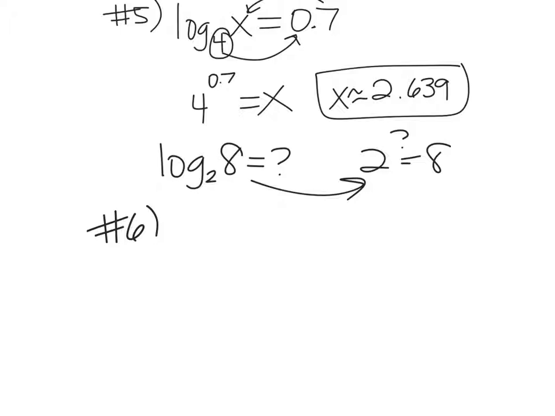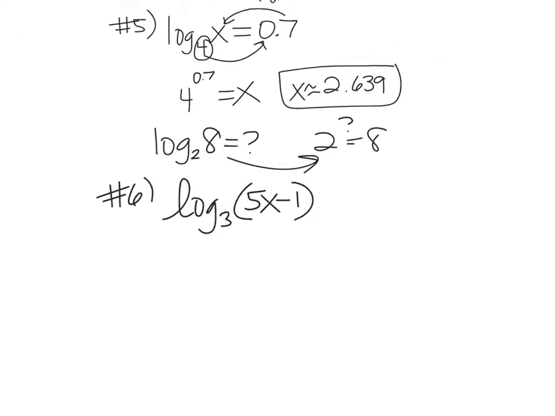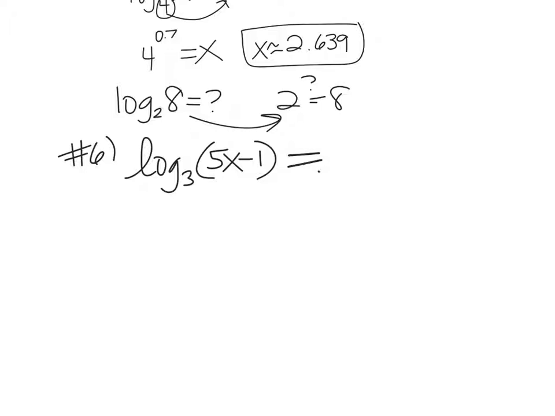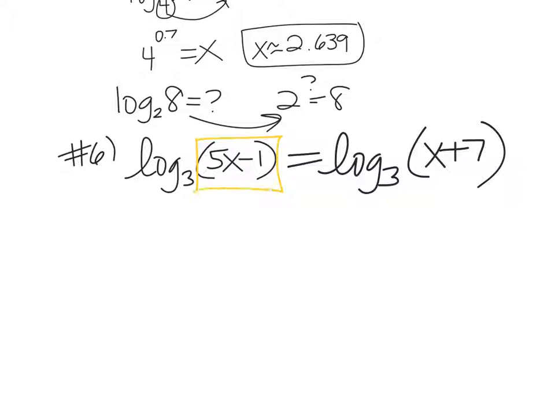Log of 5x minus 1 base 3, always love these, equals log of x plus 7 base 3. It's funny how something like this will bother people. Like, there's logs on both sides. What in the world? What am I going to do? Just stand back and look at it, right? If you have log base 3 of stuff, and you have log base 3 of stuff, then mathematically speaking, the stuffs have to be equal, right?